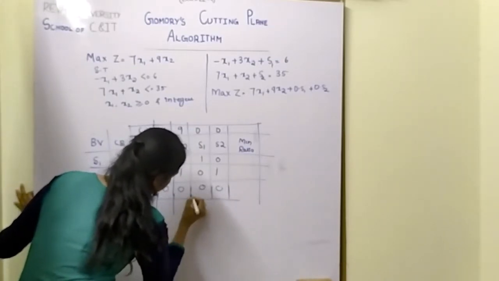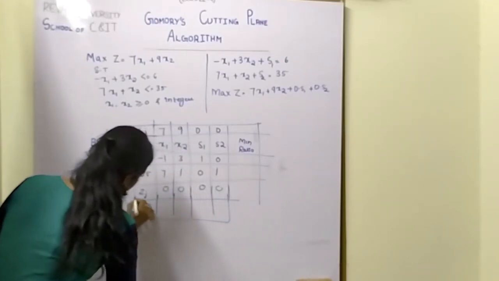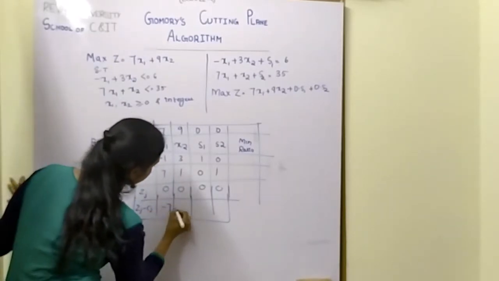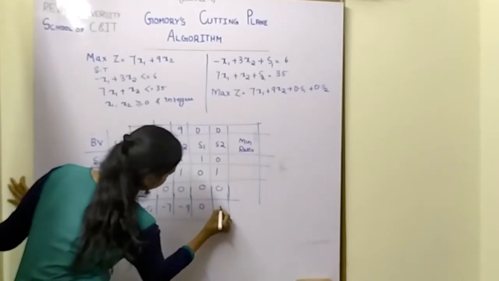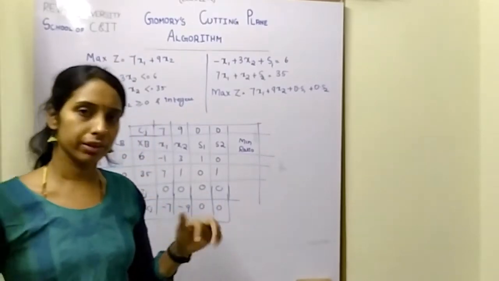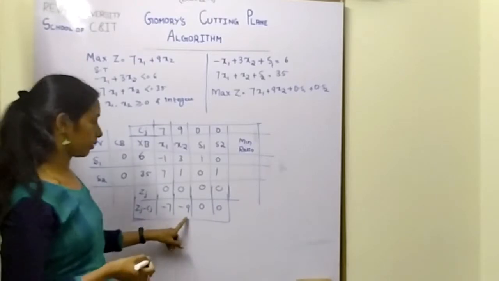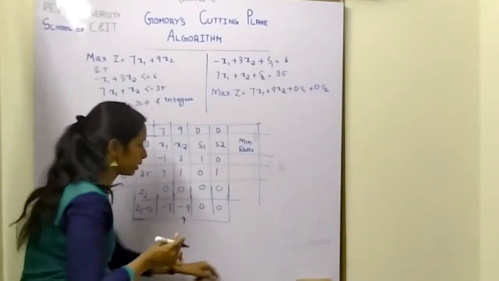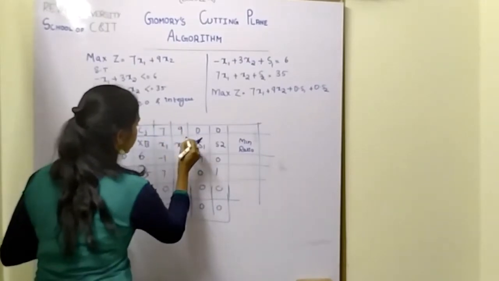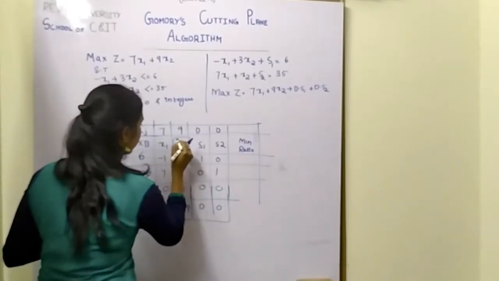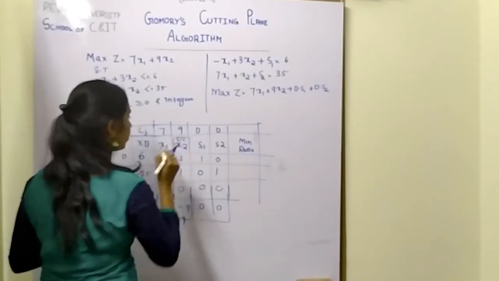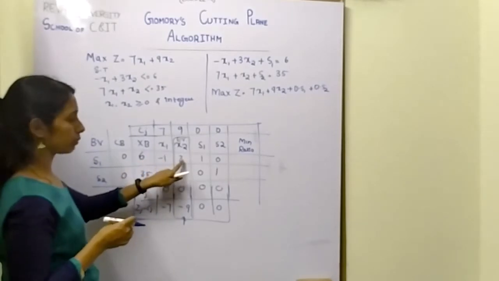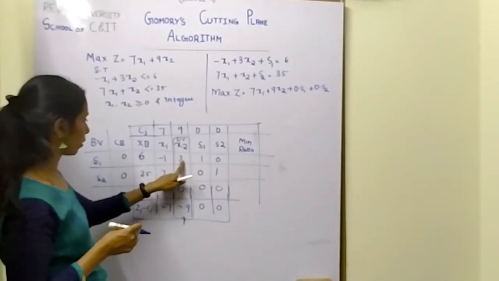So this becomes minus 7, minus 9, 0, 0. So what is our next task? You have to find out the most negative number. So the most negative number will be this, and this is our corresponding entering variable column.